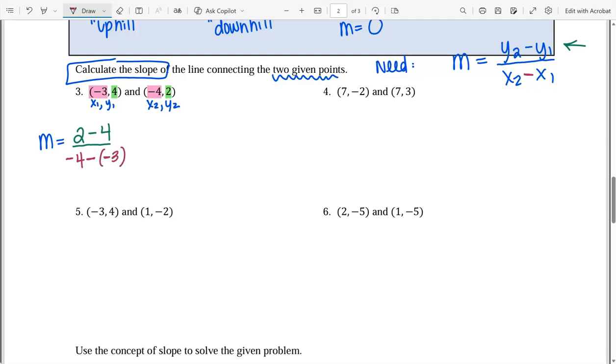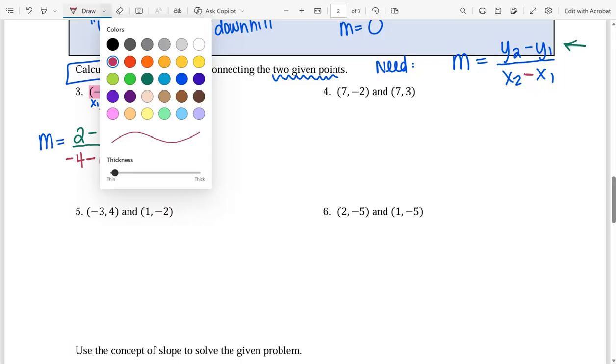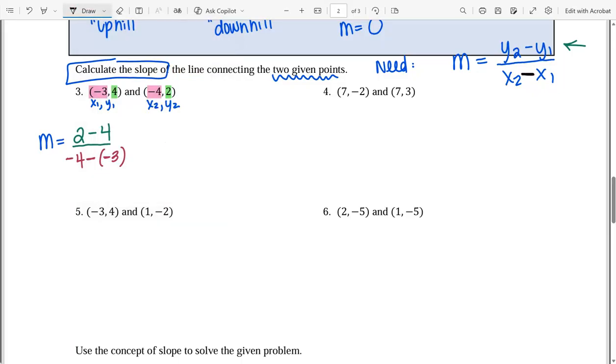Please, please, please be careful. There was a negative from my formula. There was also a negative with the coordinate. There are 2 negatives there. Make sure you have both of them because that double negative will turn me positive. So I have 2 minus 4 over -4 plus 3.